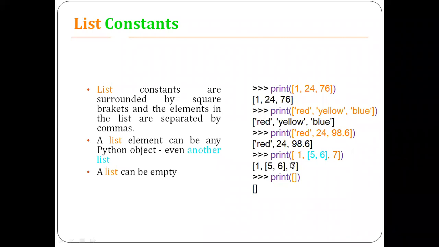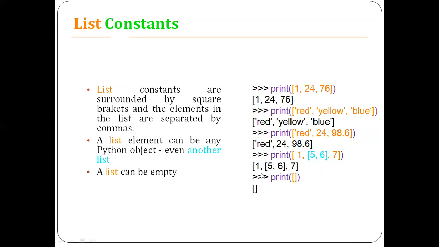And the second one what you have seen is that a list element can be any Python object, even another list as well. Look at this. I am printing a list here, that is one, then comma, another Python object, which is again a list, 5 and 6, then comma and 7.